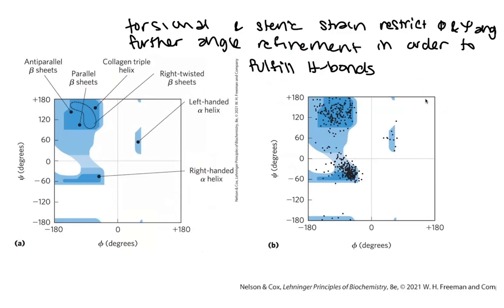It's all about that. The angles are constricted by the resonance of the planar peptide bonds to specific angles, which are then further refined based on the requirements for meeting the hydrogen bond donors.